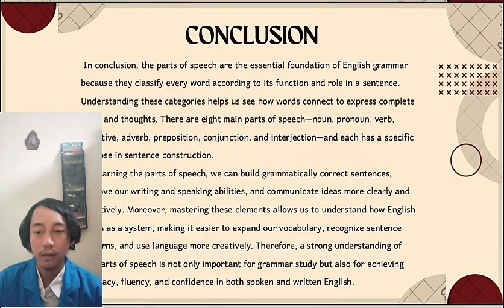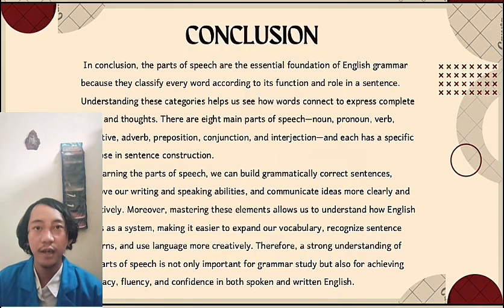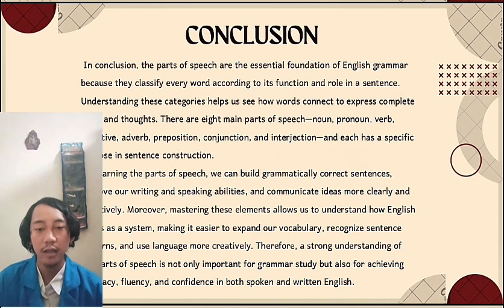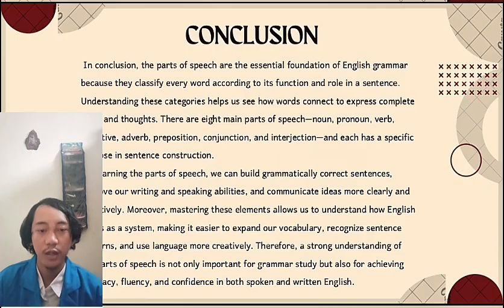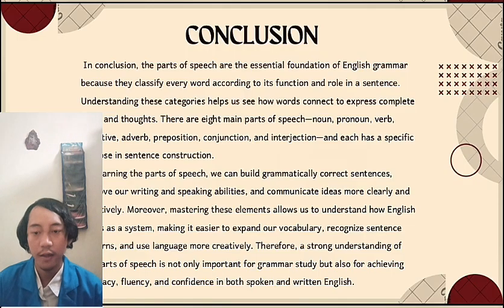The conclusion. In conclusion, the parts of speech are the essential foundation of English grammar because they classify every word according to its function and role in a sentence. Understanding these categories helps us see how words connect to express complete ideas and thoughts.